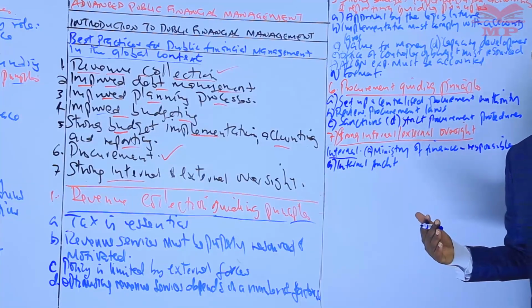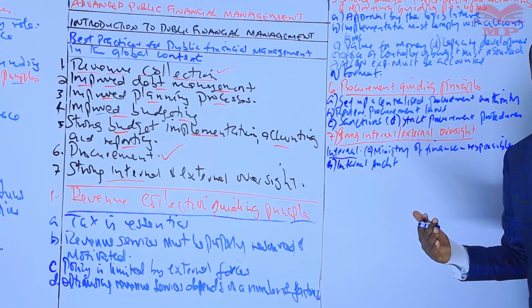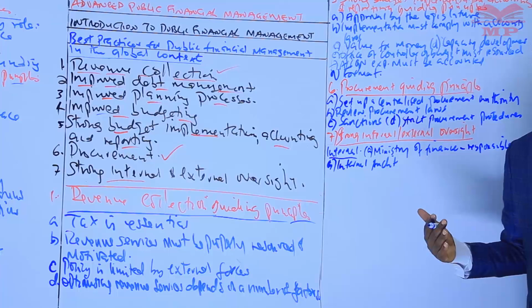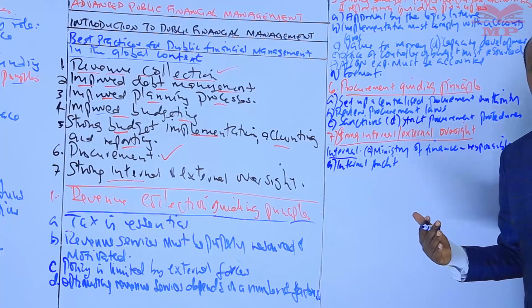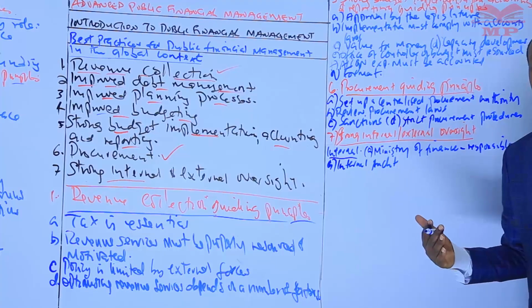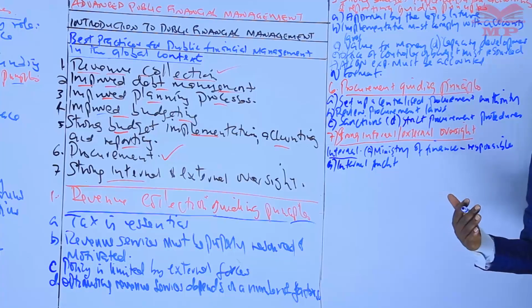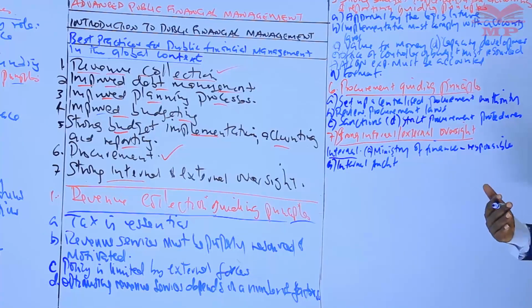In other words, internal oversight should be carried out firstly by the Ministry of Finance. Then secondly, there ought to be the internal audit function, which must be effective.